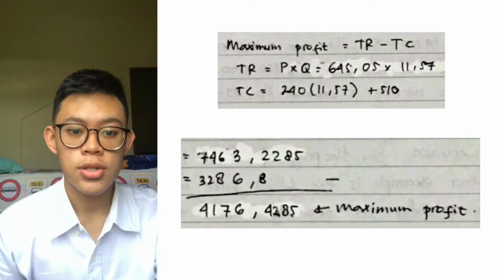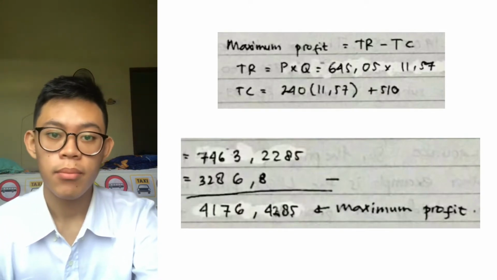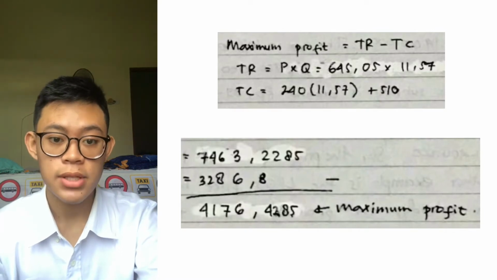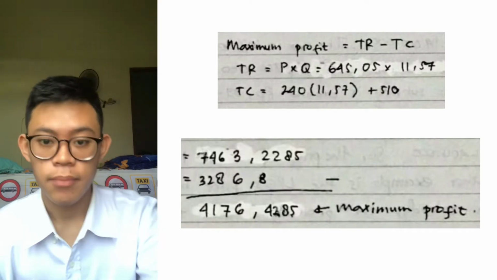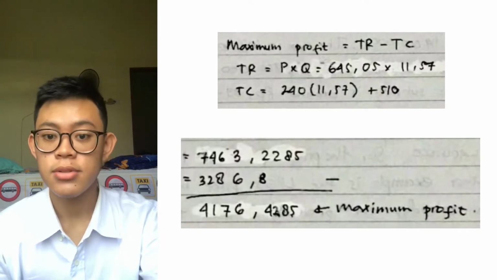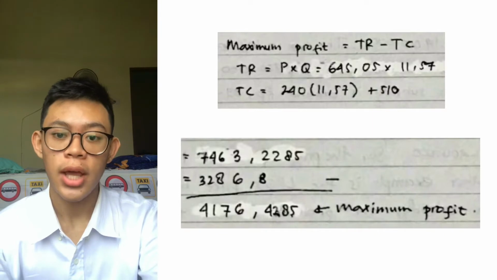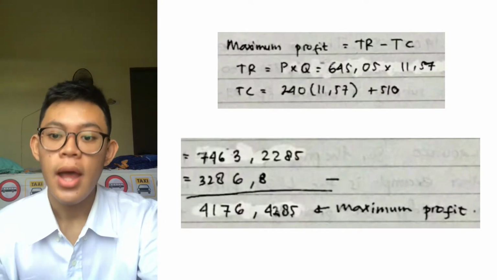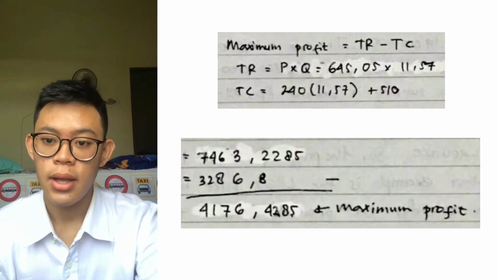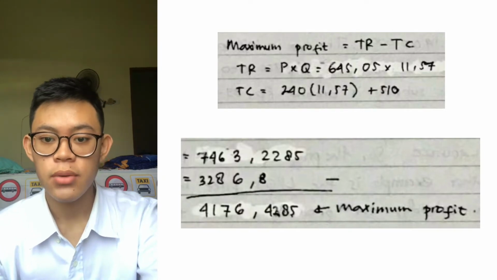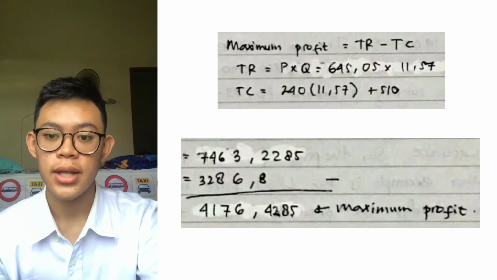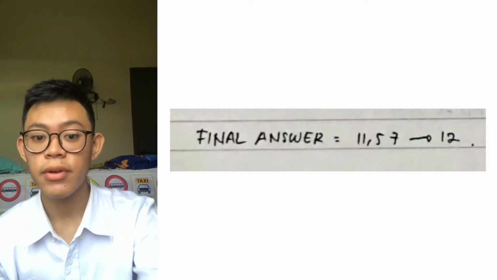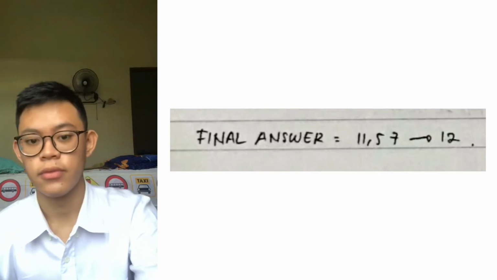The total cost is 240 multiplied by 11.57 plus 510, which is 3,286.8. Then we subtract them, and the maximum profit is 4,176.4285. The final answer is 11.57, or the simpler version is 12.